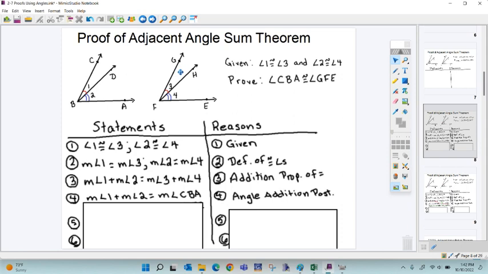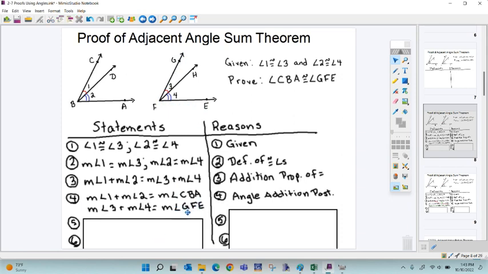We can do the same thing over here. Think for a minute what you think is going to show up. Same thing, angle addition postulate. Angle 3 plus angle 4 equals angle GFE.